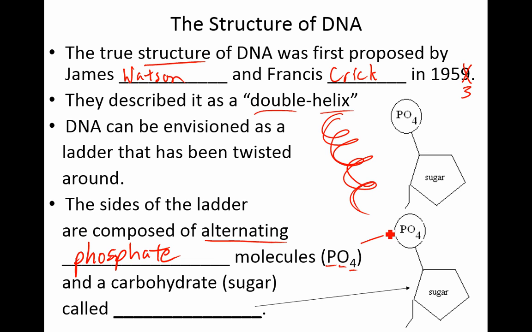You can see those represented by those little circles right there. And also the sugar, which we call deoxyribose. That D in deoxyribose is the D in DNA.